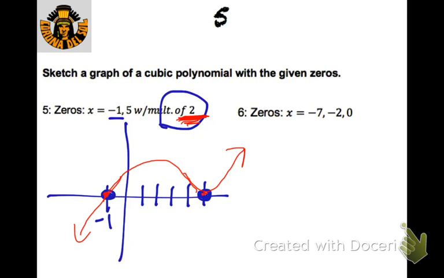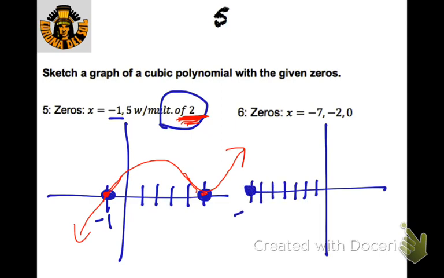Okay, this other one has 3 zeros, so we just put a dot at each of those, so 4, 5, 6, 7, so there's that one. Then we've got -2 right there, then 0. And this one, you just start to the left of the 0 that's farthest to the left, and you just start going up through the zeros.